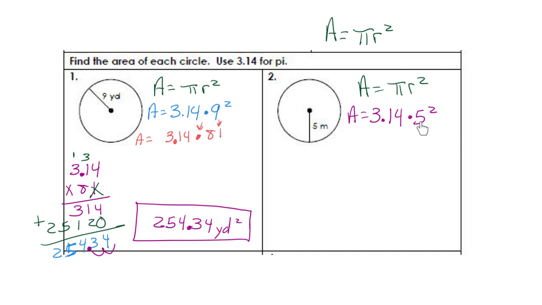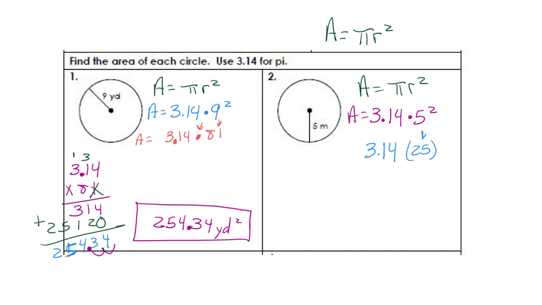Next is exponents. 5 squared, so 5 times 5. If you don't know that, go ahead and set it up and do that. If not, 5 times 5 is going to be 25. So this right here is going to go 25. We can even put parentheses around it next to 3.14. So whether I write it with a multiplication dot, or I put the number next to another number in parentheses, those both mean to multiply.